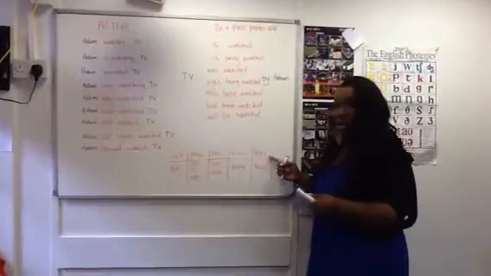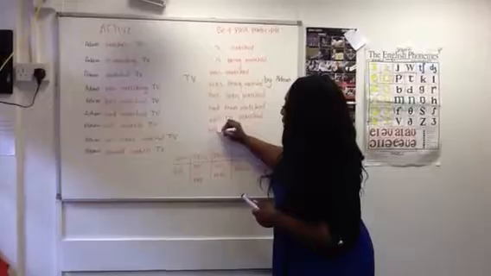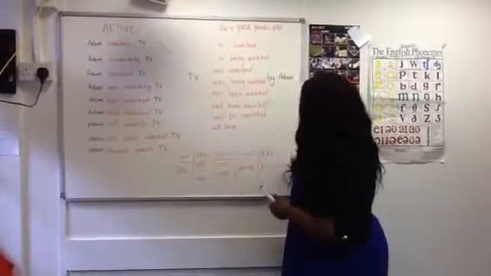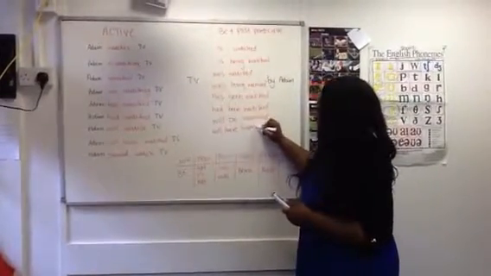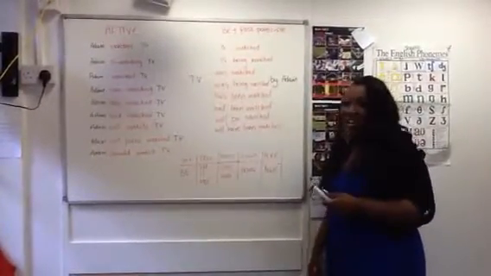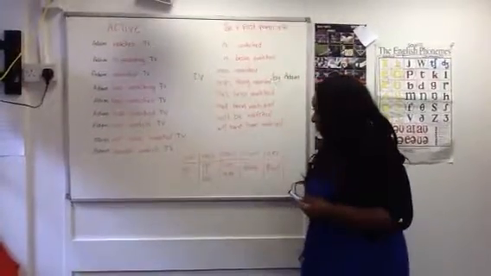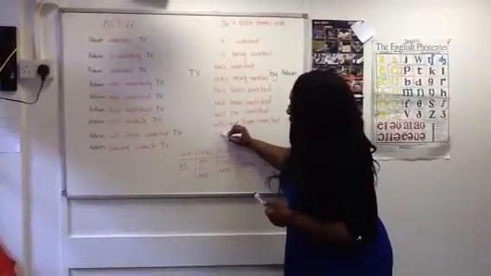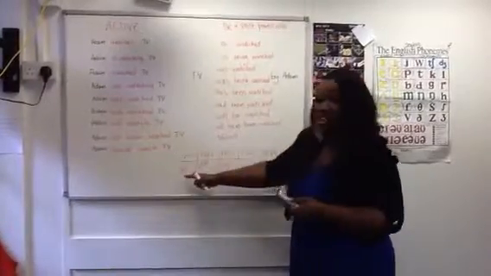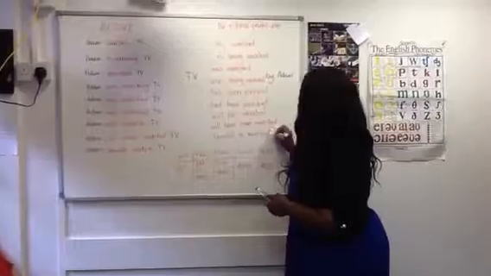So, I look at my perfect column. TV will have been watched. And finally, we have a modal verb, should. TV should, infinitive, be watched by Adam.